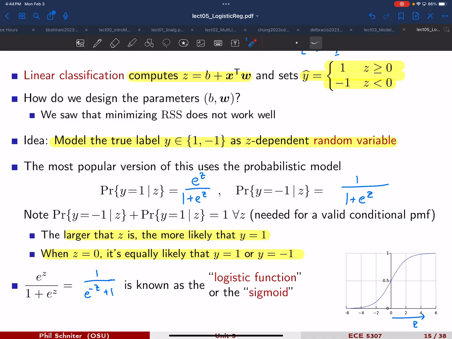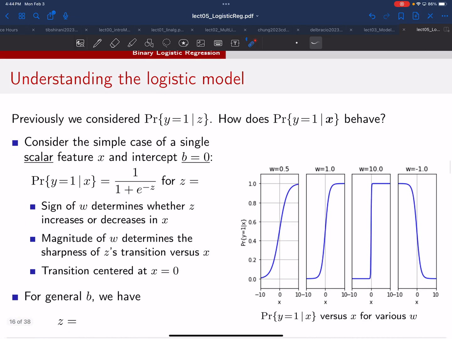Okay, don't be shy. All right, so let's try to understand a little bit about how this works. In this case, we've been talking about the probability of y given the score z. That sort of hides maybe what we really care about, which is the probability of y given the feature x. So remember that in general, the score is going to be the intercept b plus the feature vector x times, or inner product with, the weights w.